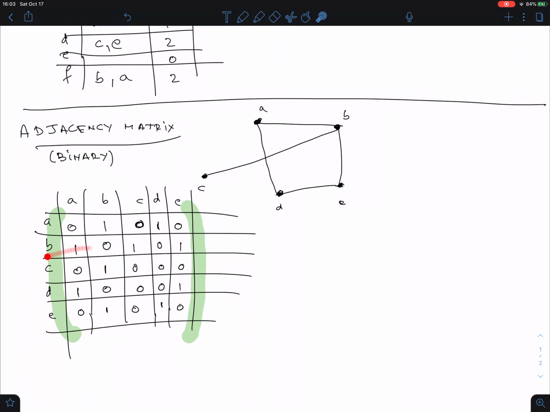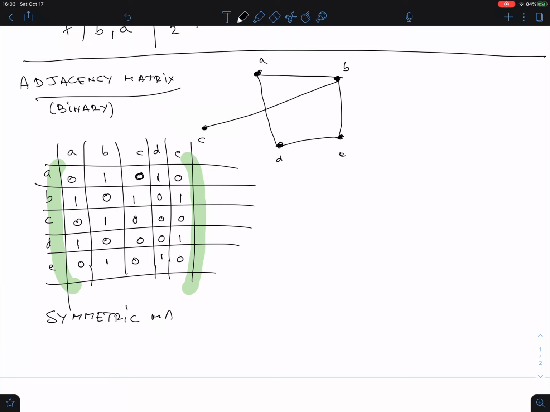So you see here, this is the mirror image of this. Think of this as a mirror, and this part is mirrored in this part. For those that have taken linear algebra, this is called a symmetric matrix. Okay, there's again a sanity check. If this is not symmetric, you forgot something.